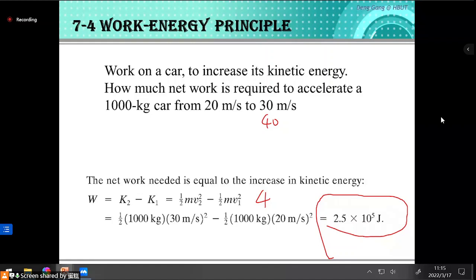So that's why accelerating a car is not so easy. It requires extremely large energy because you want to double the velocity. The kinetic energy should be 4 times, not 2, because it's v squared.